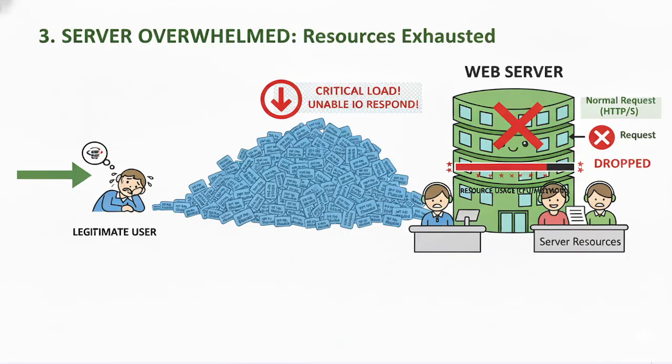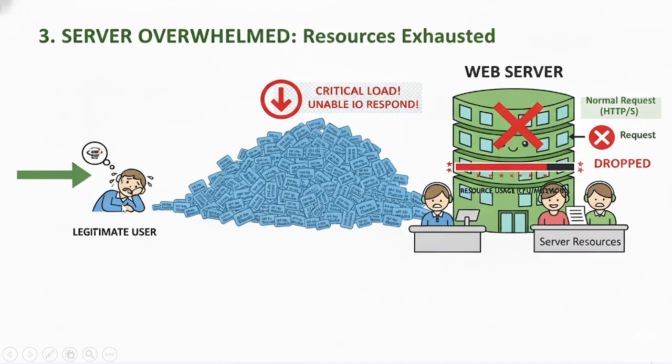On the left are legitimate users attempting to access the web server. Here this person is trying to access the web server. However, the server is under a critical load and unable to respond. So you can see a lot of blue packets because of which the server becomes unresponsive.